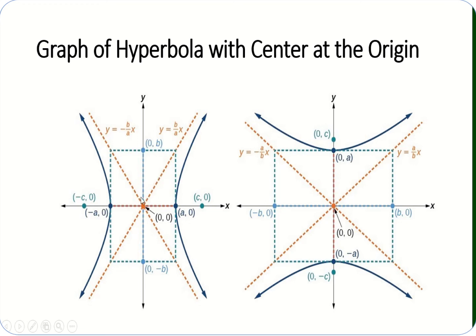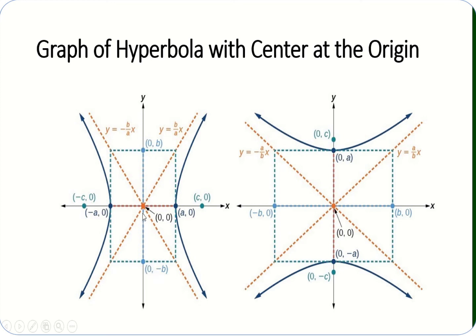Okay. Next, this is from the center going down or up. So it will become the distance of b, or it is called the conjugate axis. We have the ordered pairs (0, b) and (0, negative b).